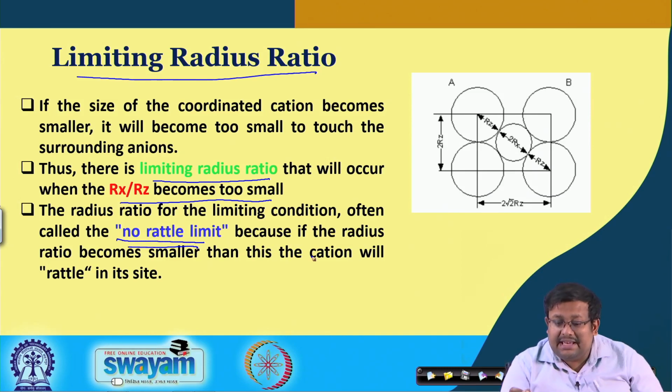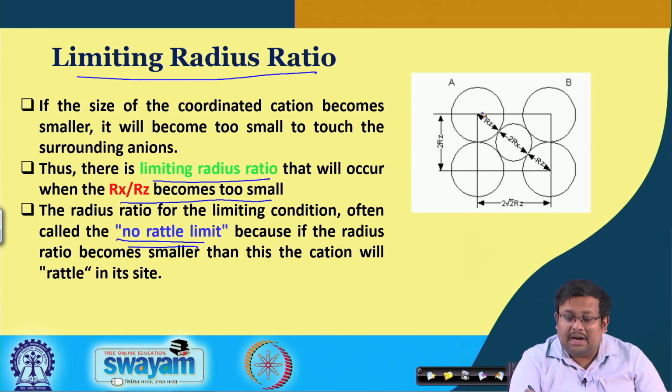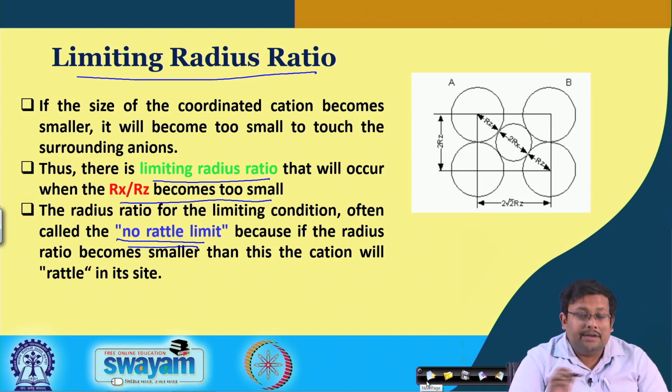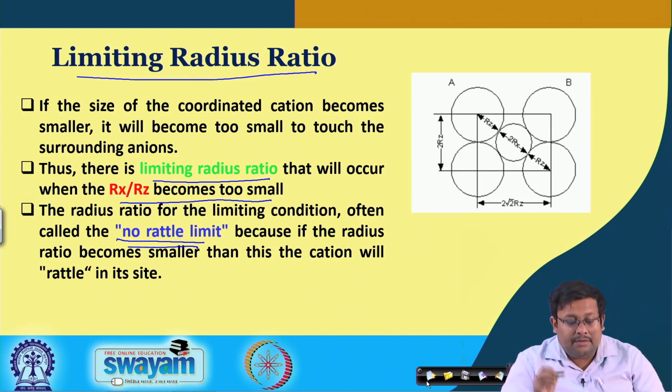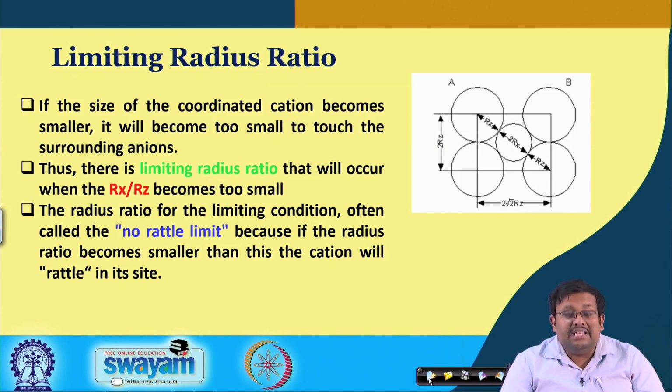As you can see here, there are 4 anions surrounding a cation, and the no rattle limit for this 8-fold coordination or cubic arrangement can be obtained by using the Pythagorean theorem.